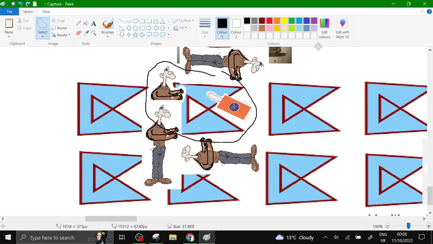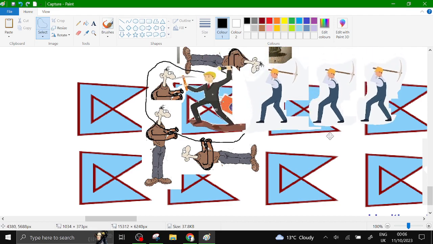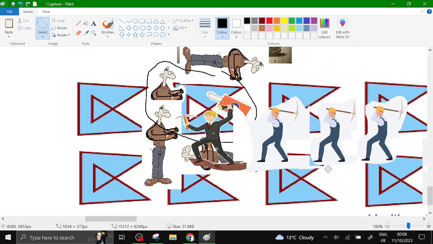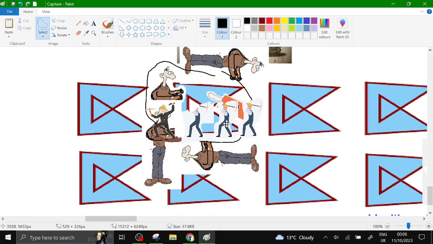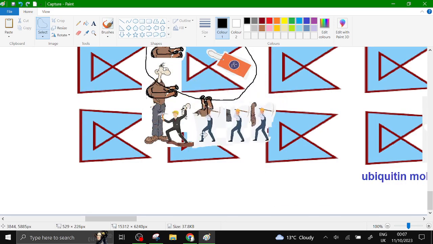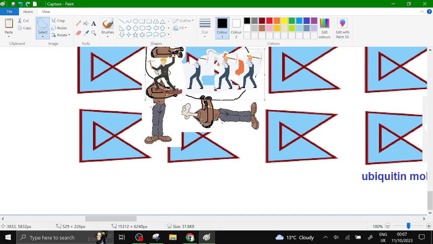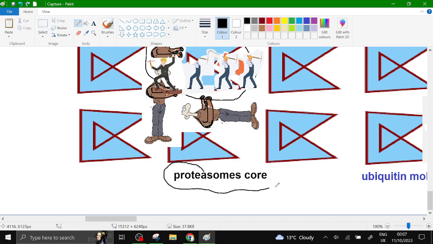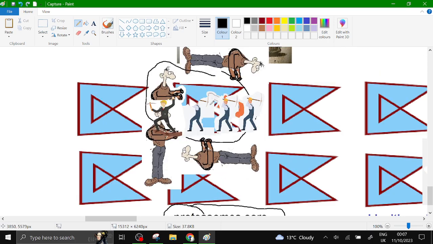And then what happens next is the proteasome will come to destroy this protein. So they will all work together to destroy this protein. These workers which are destroying the protein are called proteasomes.